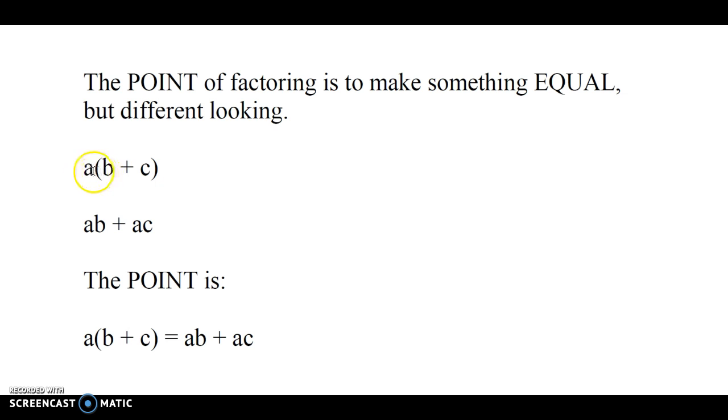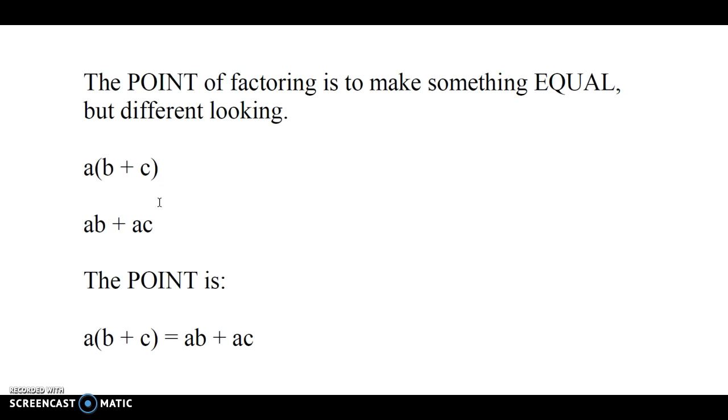So we have A times the quantity B plus C. And we distribute, we have our rainbows, A times B, A times C, and we get AB plus AC. That's what we call distribution. But we can go in the reverse order as well. If I have AB plus AC and I tell you to factor that, you would give me A times the quantity B plus C in parentheses.